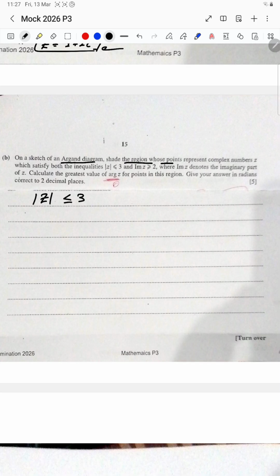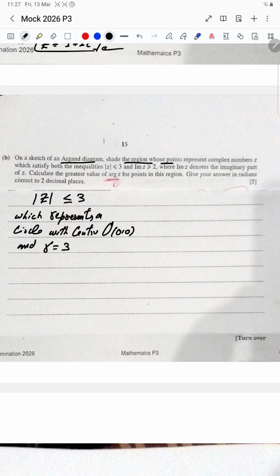This means modulus of z is equal to some constant, less than or equal to a constant, that represents a circle with center origin 0, 0 and radius 3.